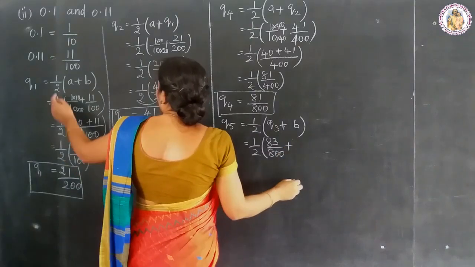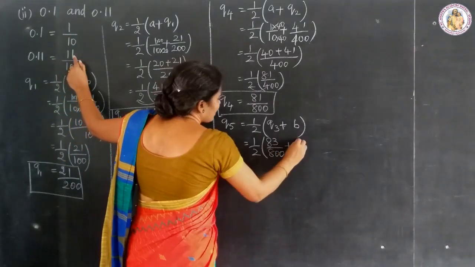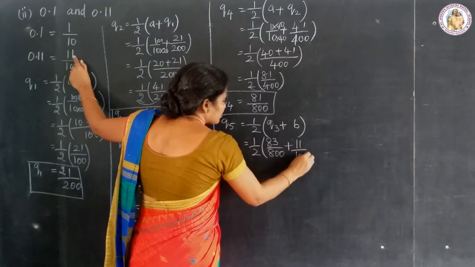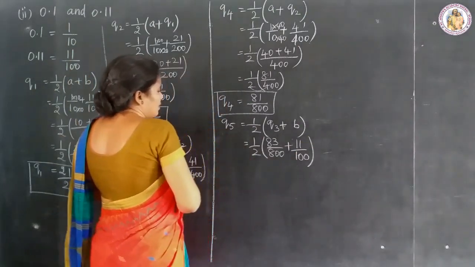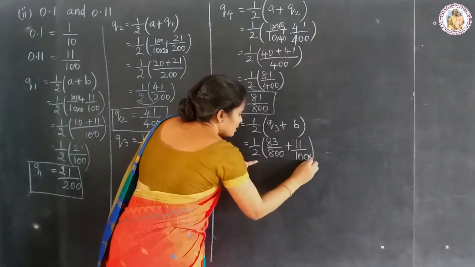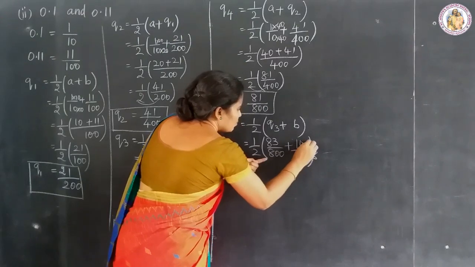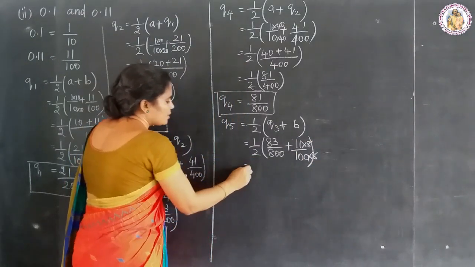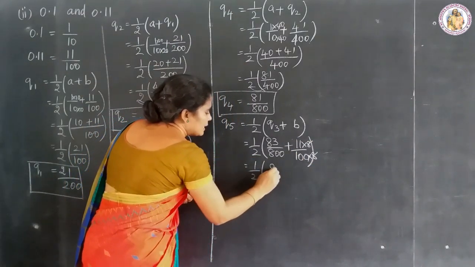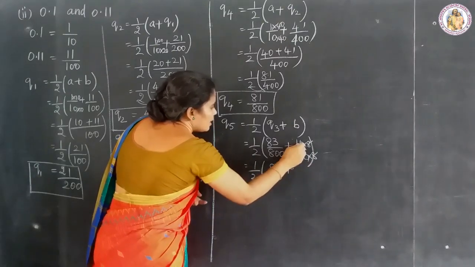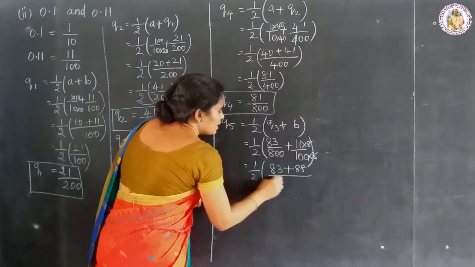Plus B is equal to 11 by 100. Now multiply with 8 both to the numerator as well as denominator. 1 by 2 into 83 plus 11 8s are 88 by 800.